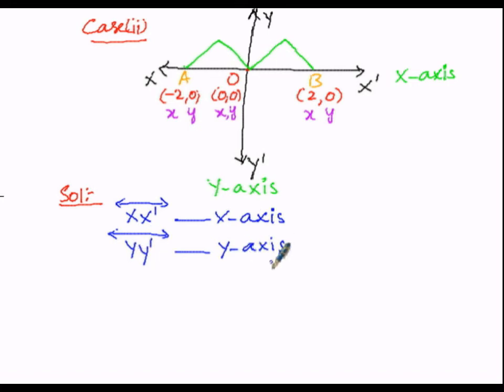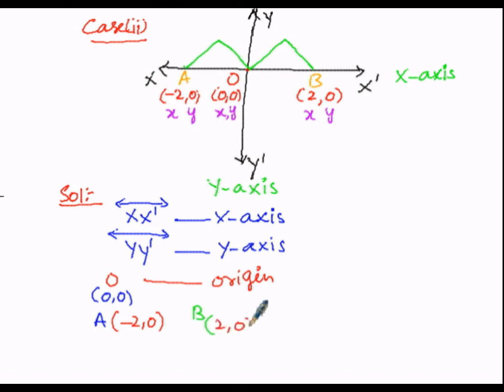The point of intersection of the x and y axes is O, whose coordinates are 0, 0, which is otherwise called the origin. And the graph is AOB, where the coordinates of A are -2, 0, and the coordinates of B are 2, 0.